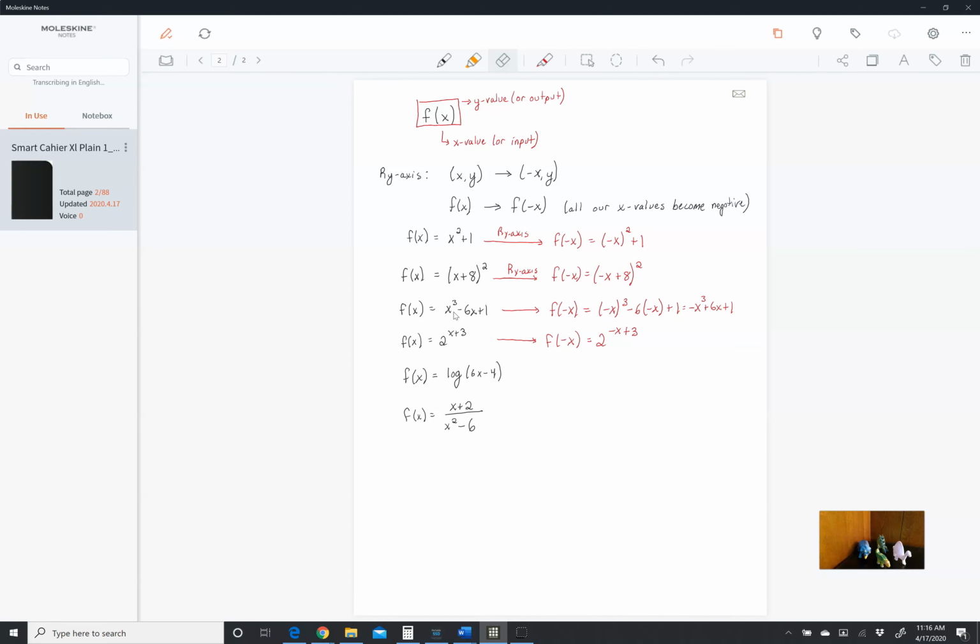If you're not sure, you're never wrong if you put the parentheses around it. Negative x plus 3 is the same thing as if we put parentheses around the negative x. Okay, so that's another way of really keeping track of this, is you could put parentheses around each of your x's and then replace what is in the parentheses with a negative x in the corresponding function.